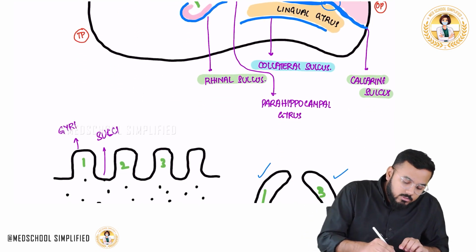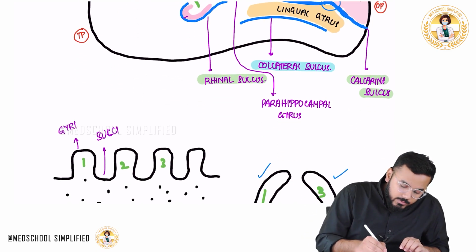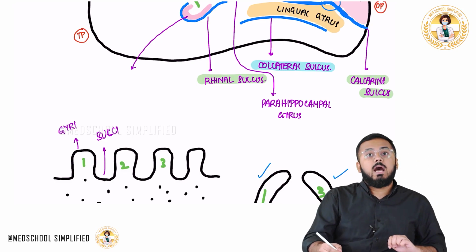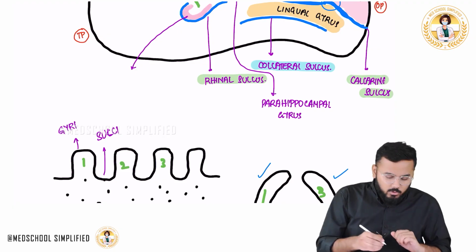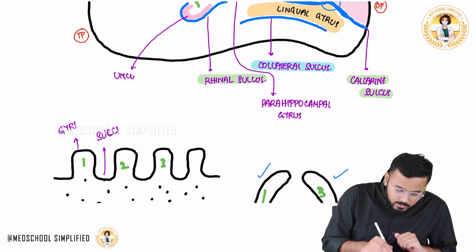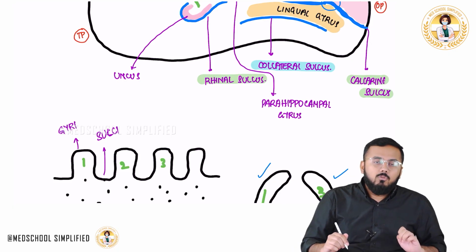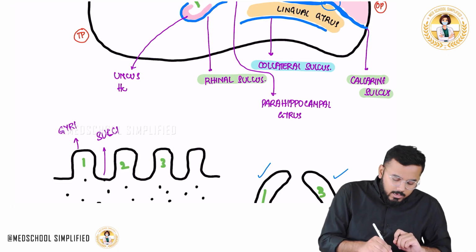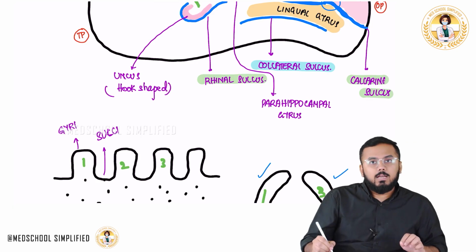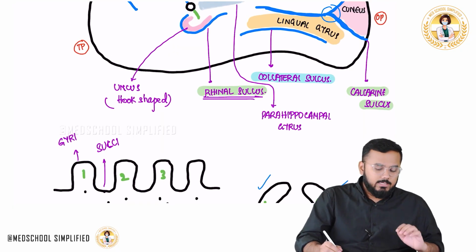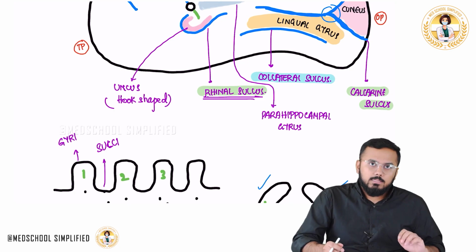This hook-like structure is called the uncus. What is the shape of the uncus? It is hook shaped, and it lies within your rhinal sulcus.